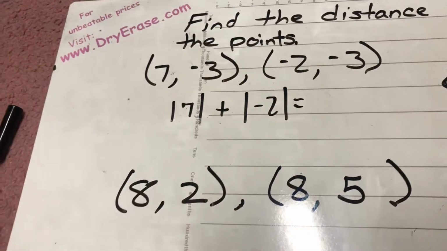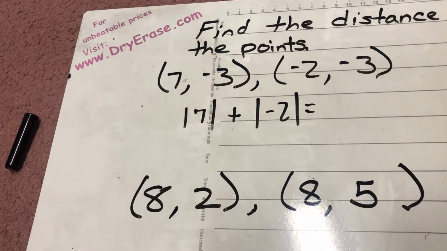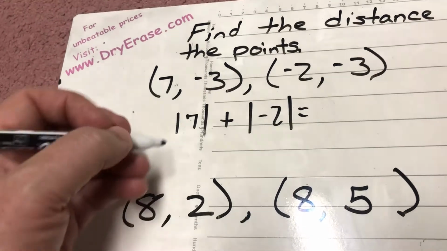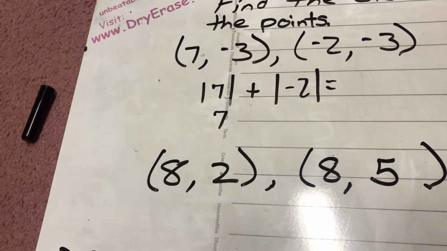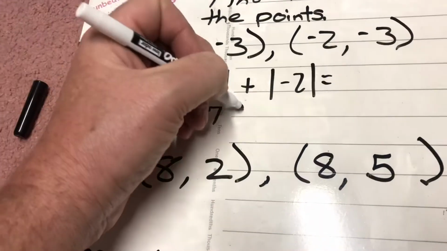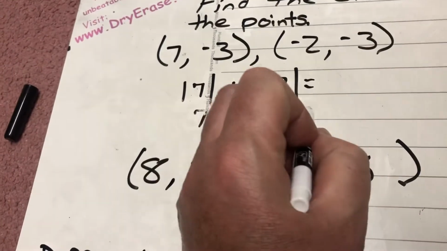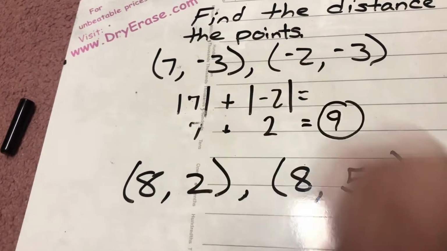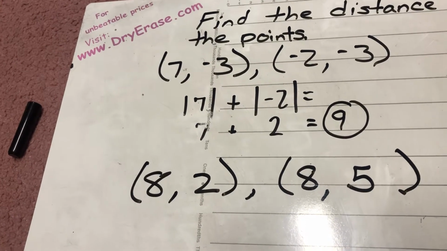And remember what absolute value is. Absolute value is how far away it is from 0. Okay? So the absolute value of 7 is 7. The absolute value of negative 2 is 2, and 7 plus 2 equals 9. So they have a distance of 9. Okay?